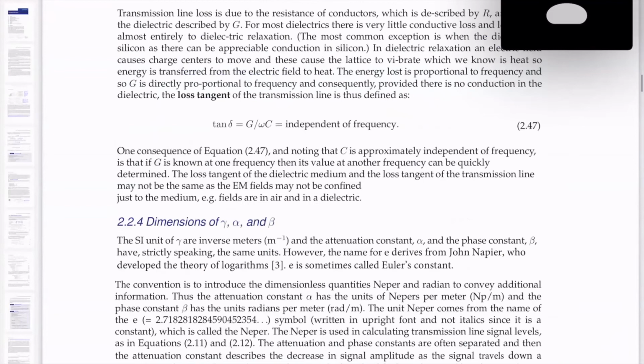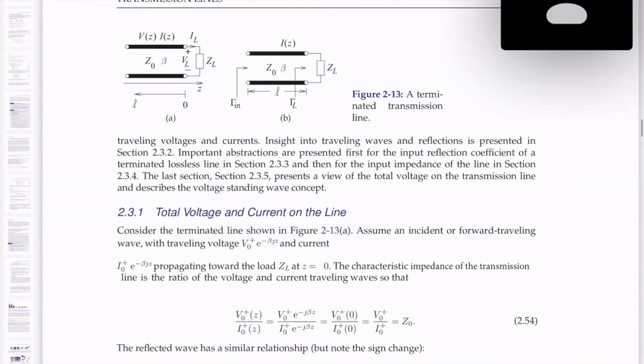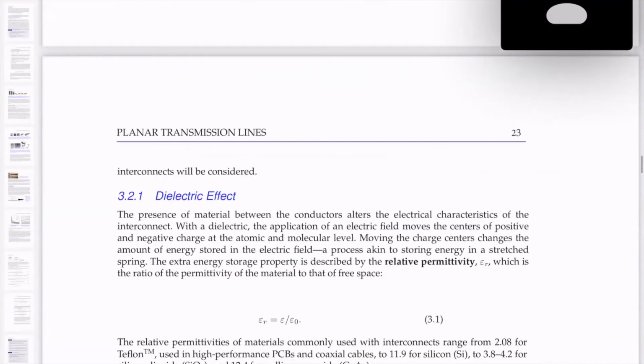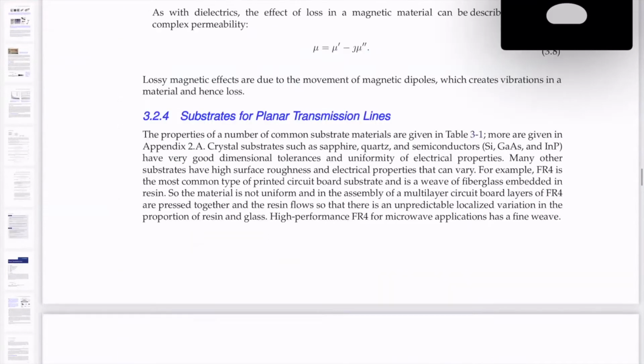So section 3 is all the microstrip lines, planar transmission lines. Section 2 is mostly what we've done, ideal transmission lines.